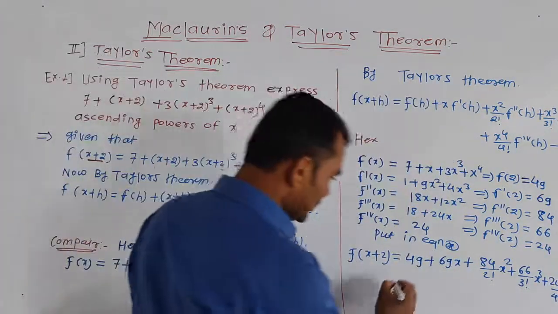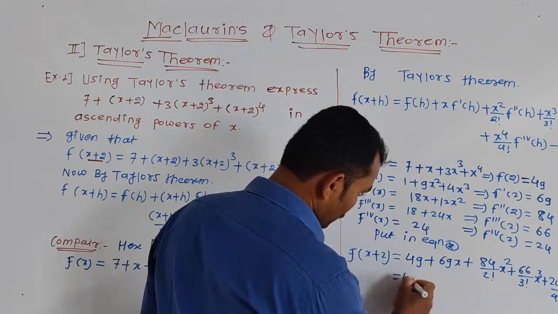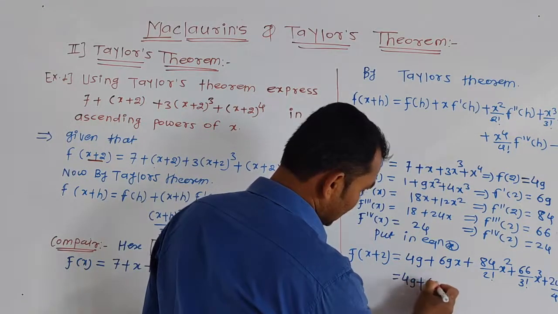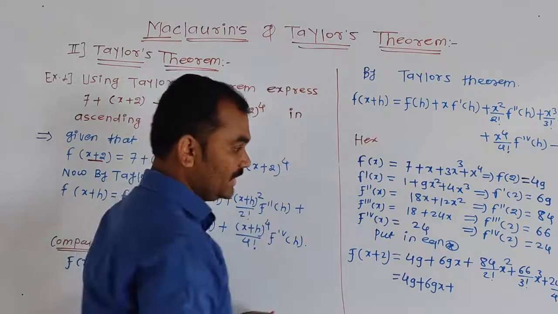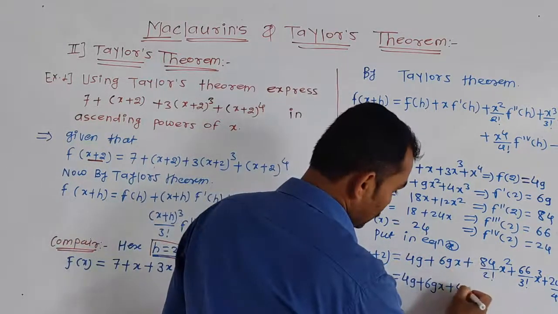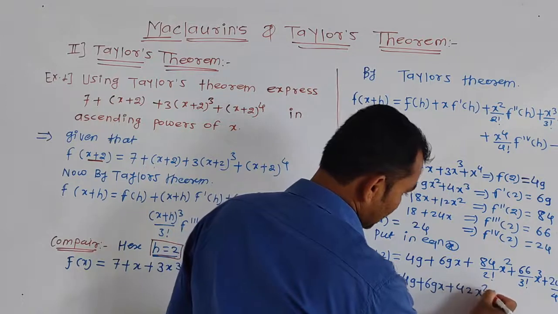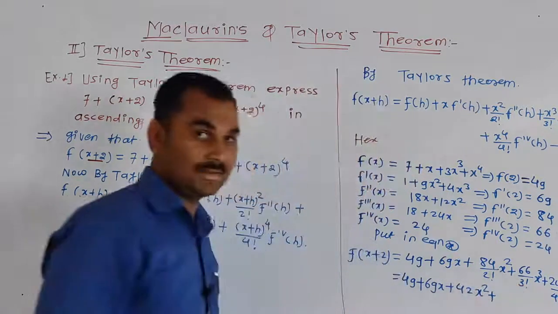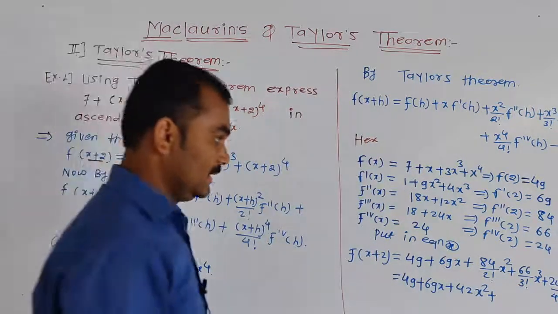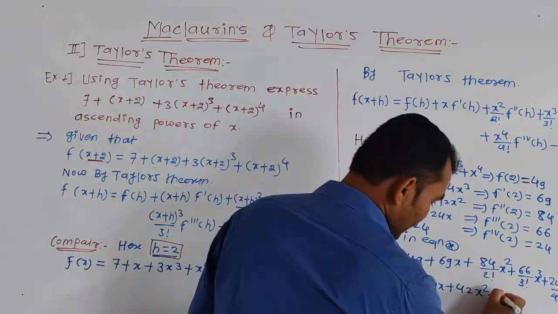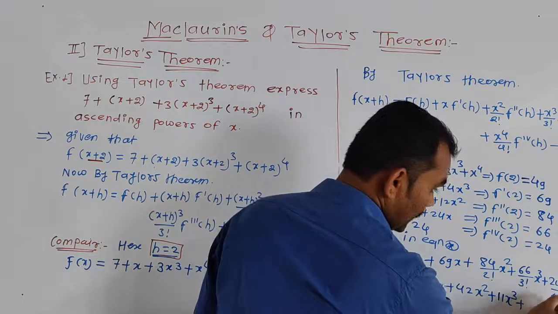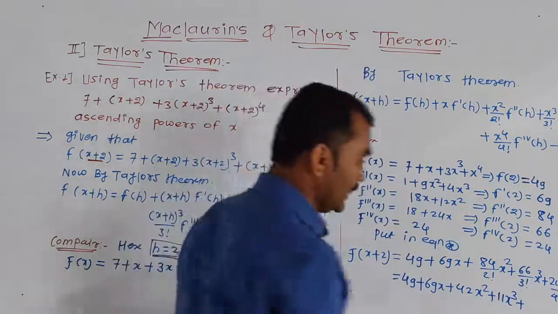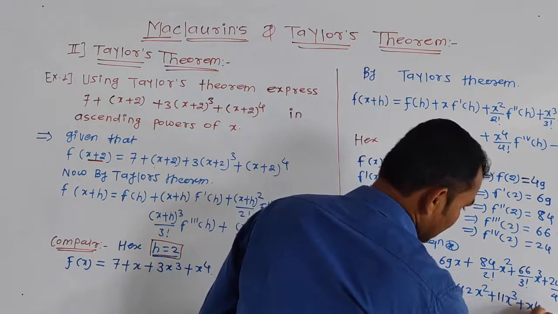Now solve this. This is 49 plus 69x plus 84 divided by 2, 2 factorial is 2, we get 42 x square, plus 3 factorial is 6, 66 divided by 6, we get 11 x cube, plus 24 divided by 24, 4 factorial is 24, we get 1, that is x raised to 4.